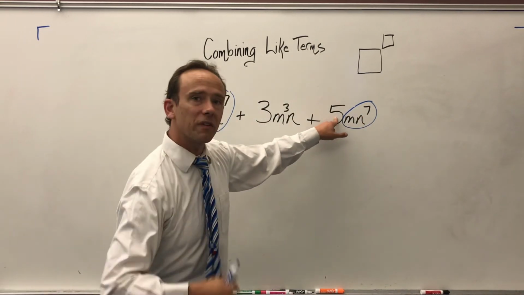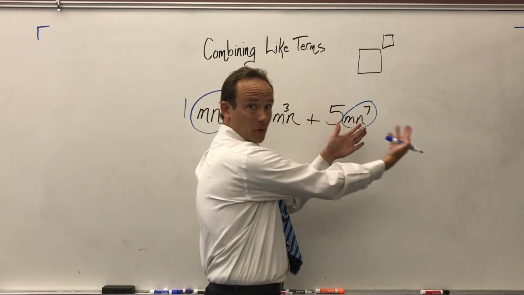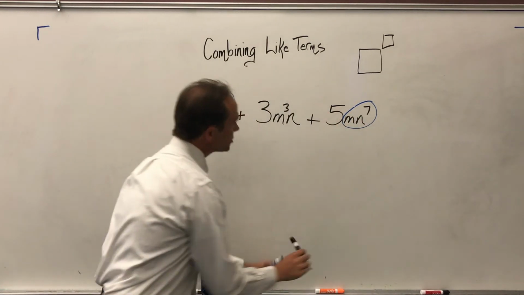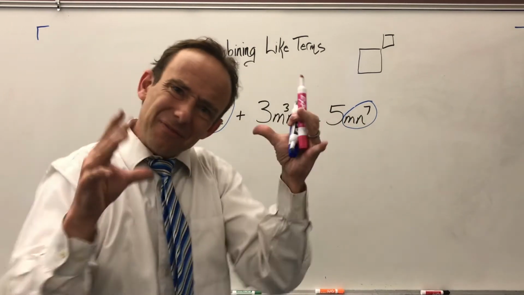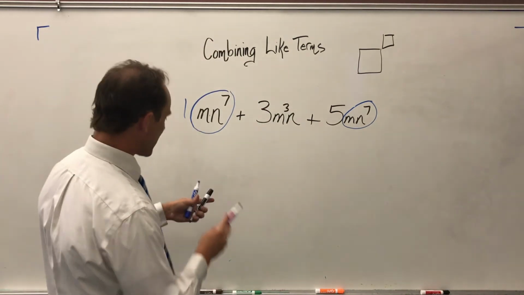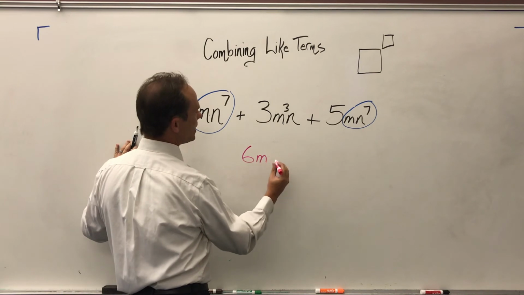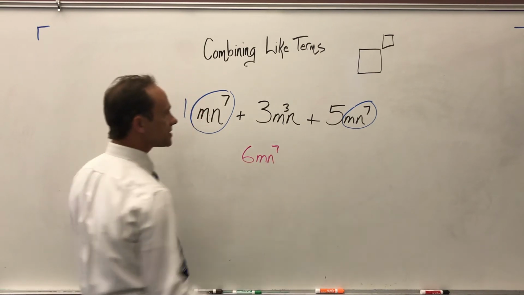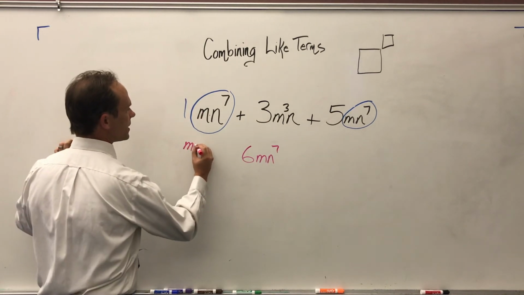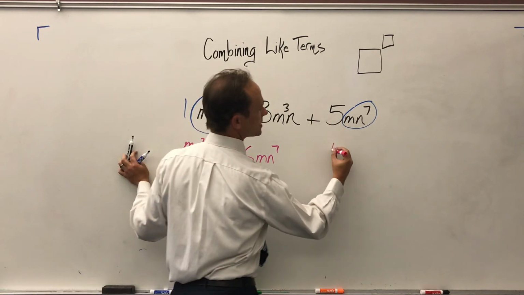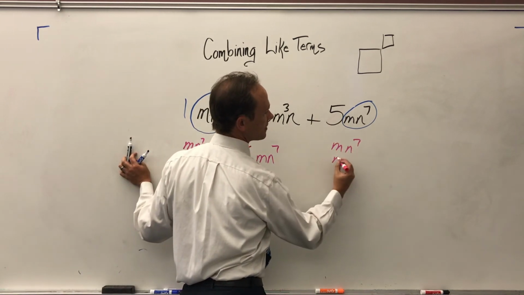And so the coefficient, which is the number being multiplied by the variables, tells you how many of that variable situation you've got. And so here, I've got 6 m n to the 7th, right? Because that's 1 m n to the 7th, and this is 5 m n to the 7th.